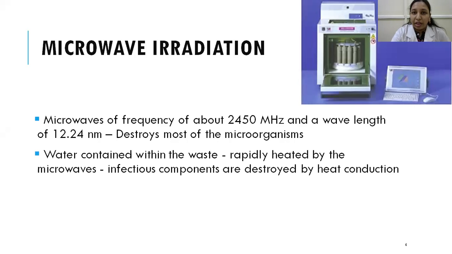And also the infectious waste, and even the anatomical waste can be disinfected using the microwave irradiation. But before that, they have to be shredded into tiny pieces. The infectious waste can be disposed of before sending them to the final disposal.